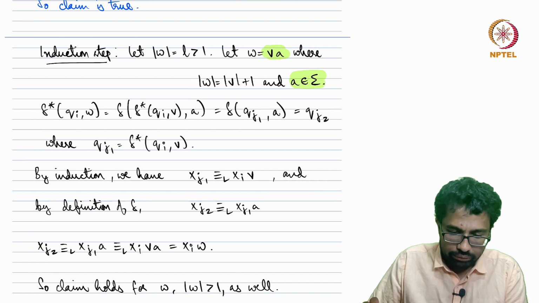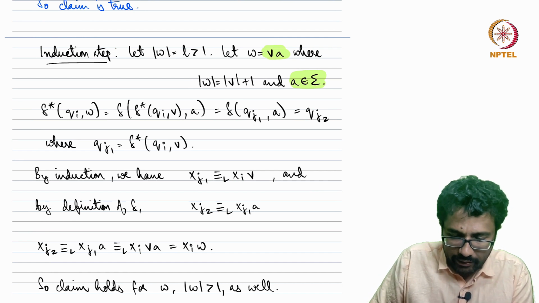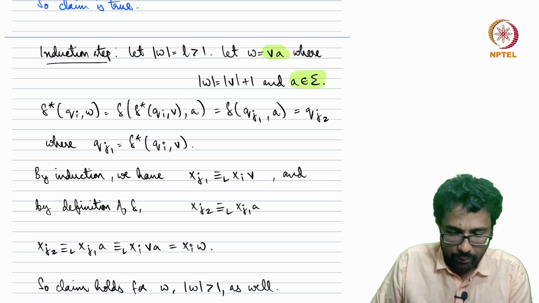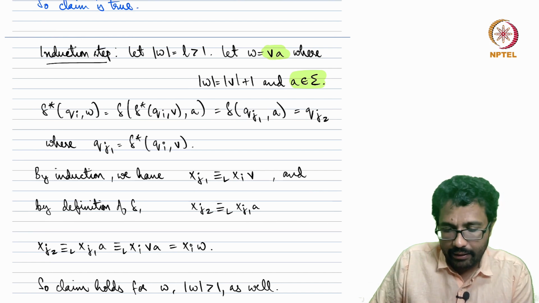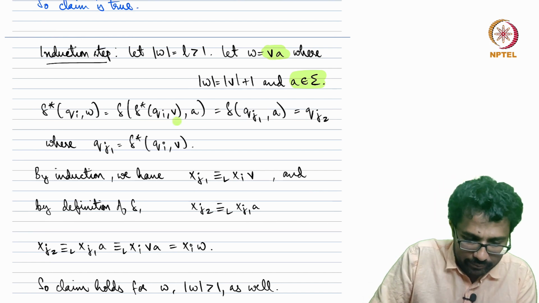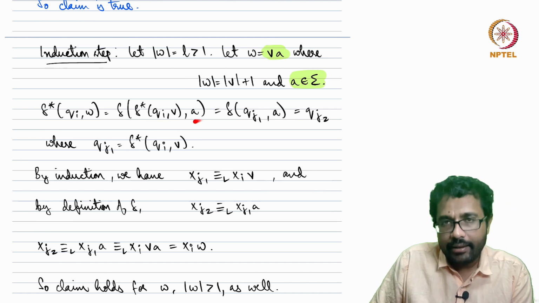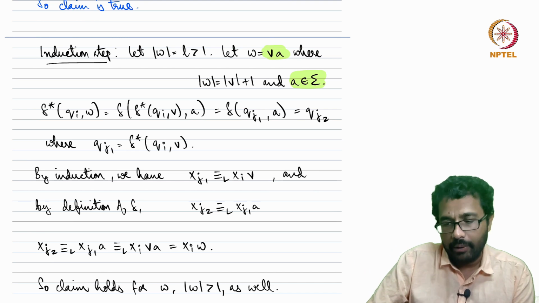So where does w take the DFA starting from Qi? First we will see where does v take the DFA, and then we will see where does a take the DFA. So we can break down w as v followed by a.